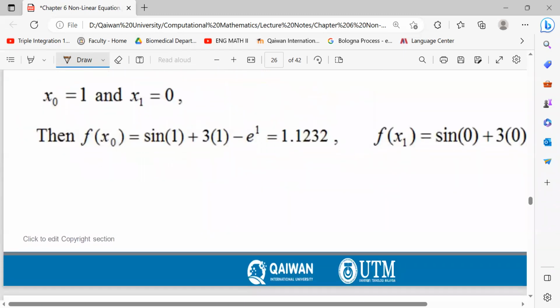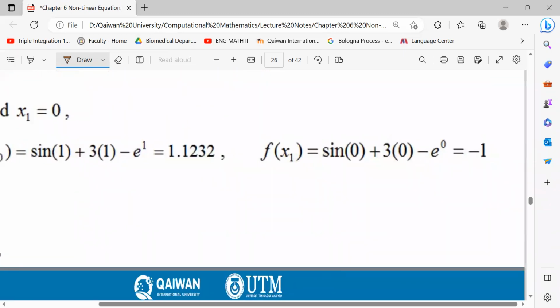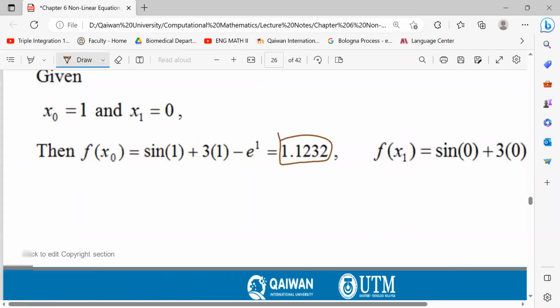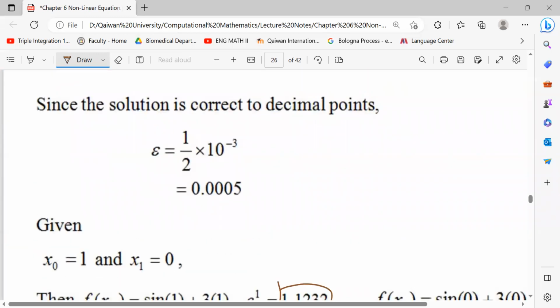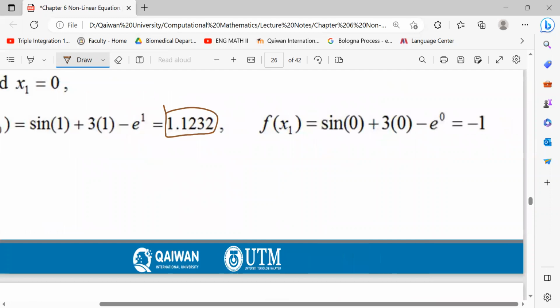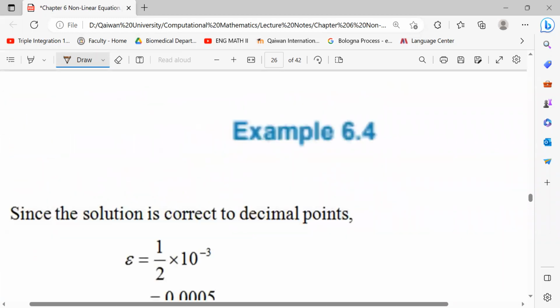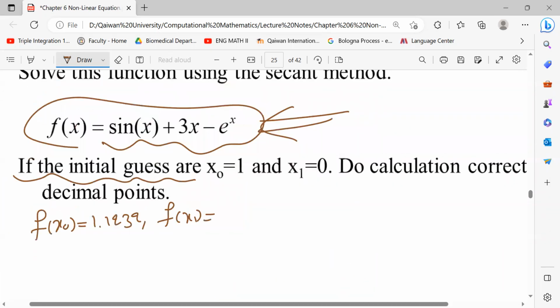It's given here that f of x0 is 1.1232, and f of x1 is -1.